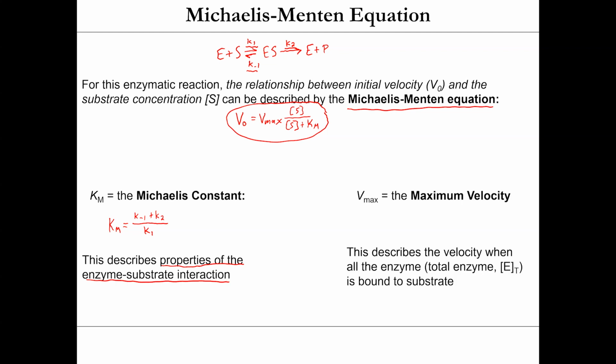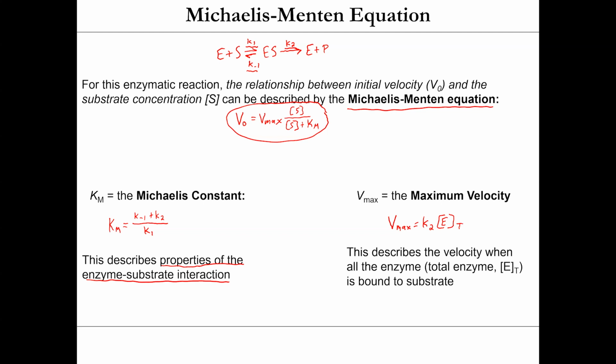And then Vmax, which is the other new term in the Michaelis-Menten equation, is the maximum velocity. It can be described by the equation Vmax equals K2, the conversion of the enzyme substrate complex into enzyme plus product, times the total enzyme concentration.